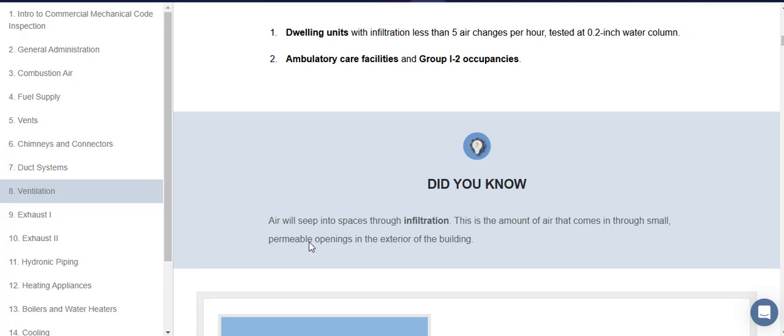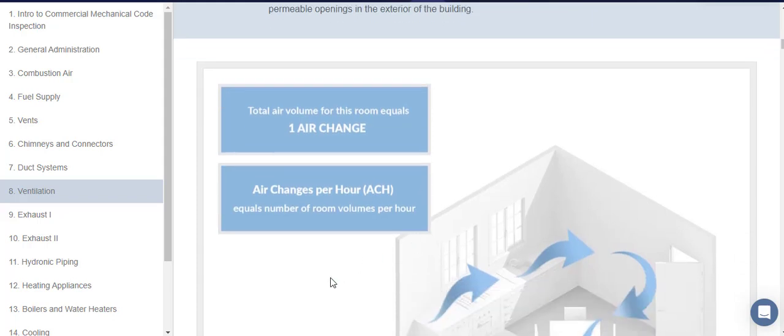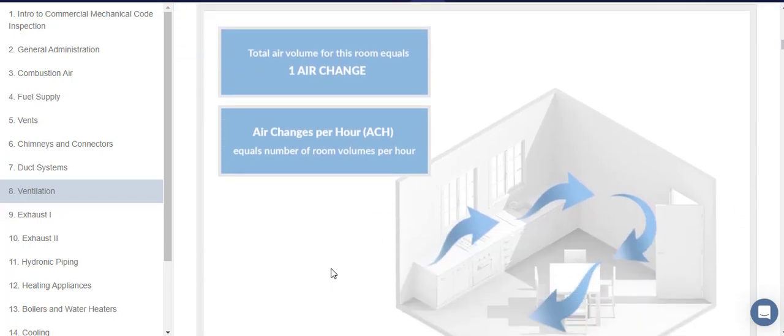Did you know air will seep into spaces through infiltration? This is the amount of air that comes in through small permeable openings in the exterior of the building. Total air volume of this room equals one air change.